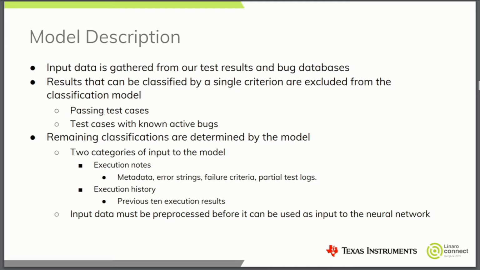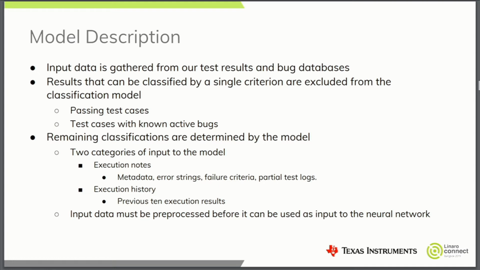When we run a test, if the test case passes, then we don't need to run it through our model. I mean, a pass is a pass. We just classify the test result directly as a pass. The other easy case is if it is a known problem. If we run a test and it fails and we know that it's associated with an existing bug that has not been fixed, then we will go ahead and classify that particular test result into the non-bugs bucket, right?